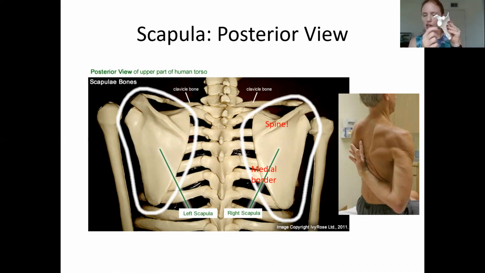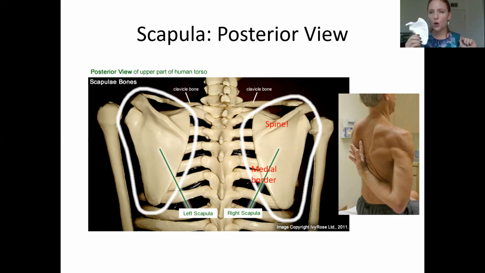And this is the glenoid cavity where the humerus connects. So it's kind of important. When we're looking at this, we make sure that the spine is on the back, so we know this is the anterior side, this is pointing laterally and this is pointing medially.